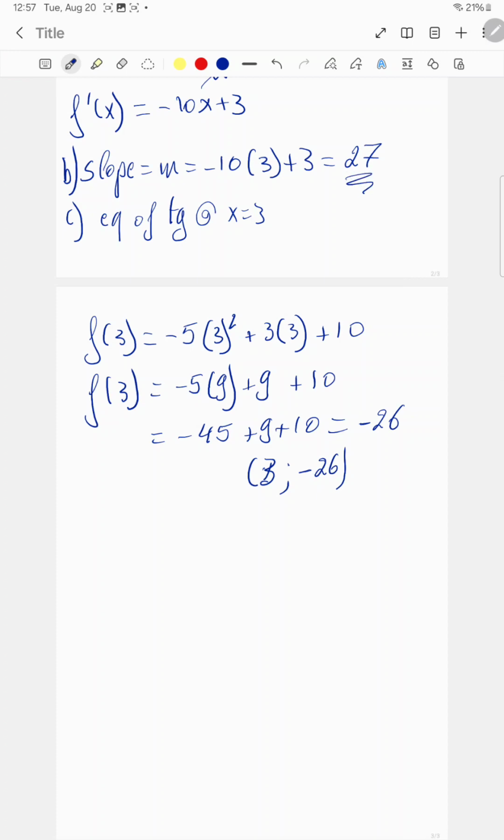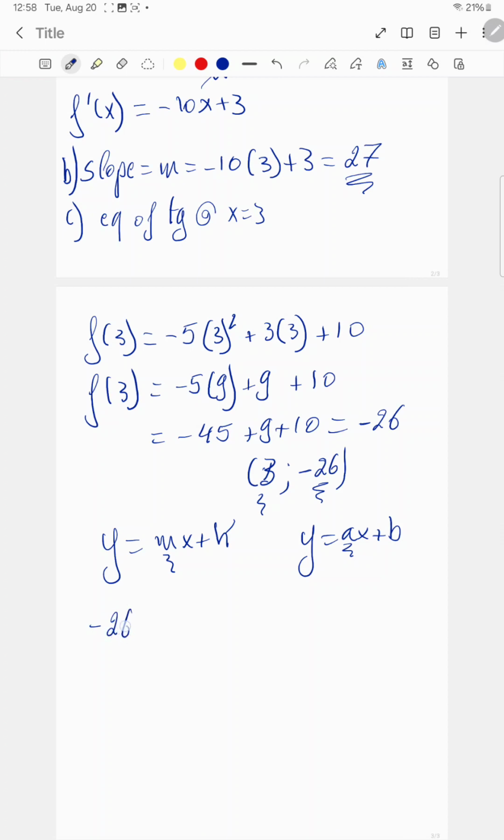So the tangent is a line. The equation of the line, y equal mx plus k, or maybe your teacher said y equal ax plus b, it's the same thing. The slope is the a or the m here. So I have to replace y by minus 26 and x by 3.